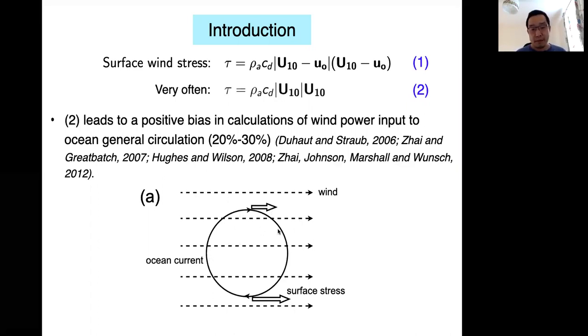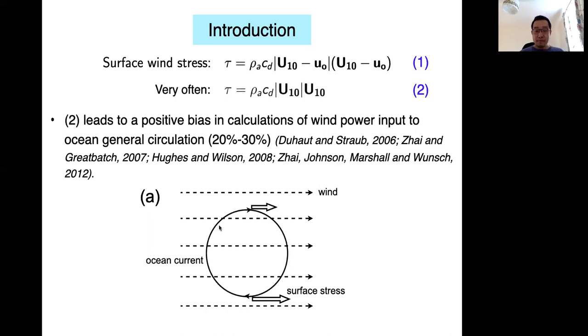On the northern part of this eddy, the ocean current moves in the same direction as the wind. And so the relative motion between wind and ocean current is smaller than the wind itself. Because the wind stress depends on the relative motion between the atmosphere and the surface ocean, the stress on the northern side of the eddy is smaller.